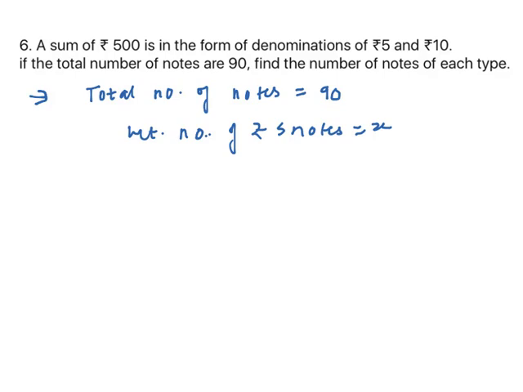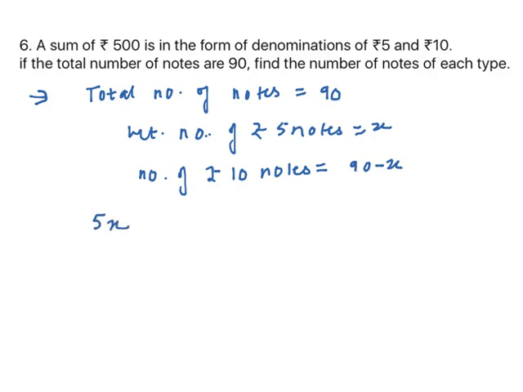If 5 rupees notes is x, then how many 10 rupees notes will there be? It will be 90 minus x, because we have to equate it with the remaining ones. So the number of rupees 10 notes will be 90 minus x. We have total 90 notes. Then what will we have?